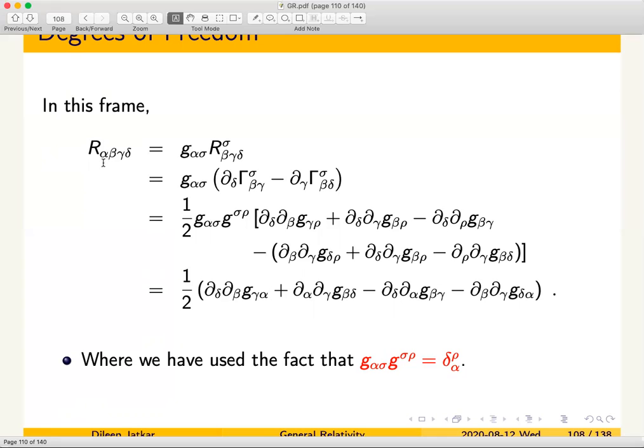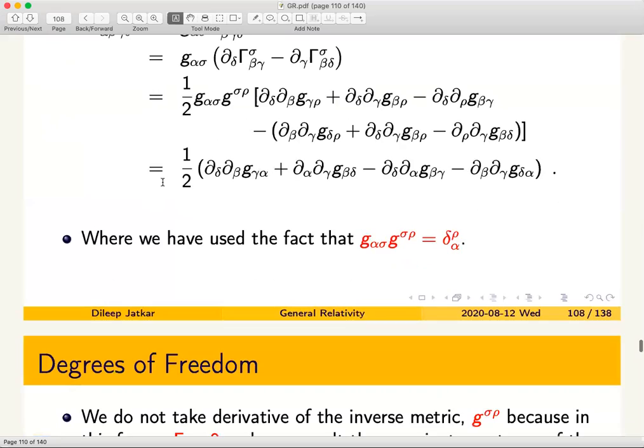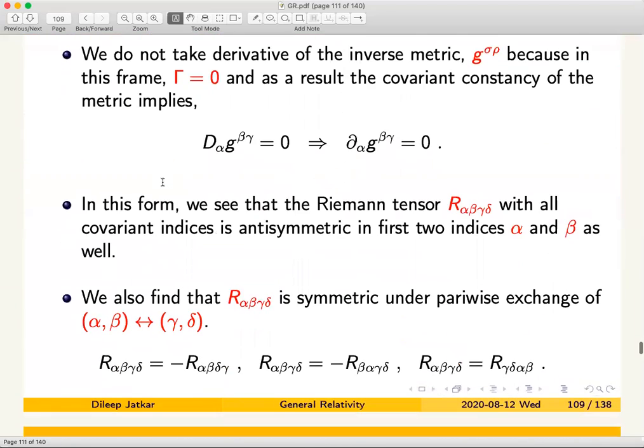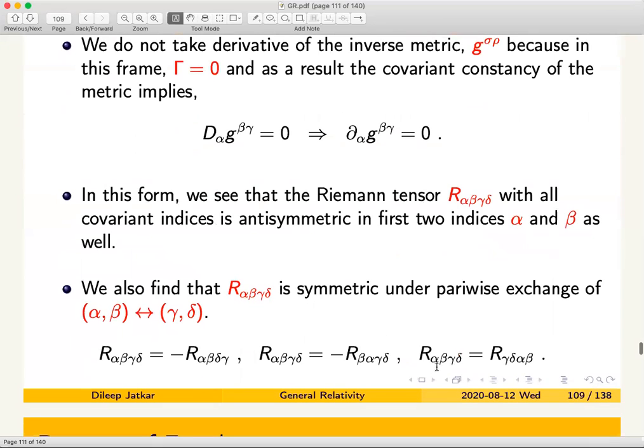The Riemann tensor is antisymmetric in the first two indices, alpha beta, and antisymmetric in the last two indices, gamma delta. In addition, it has one more symmetry: if you pairwise exchange alpha beta and gamma delta, then the Riemann tensor is symmetric.